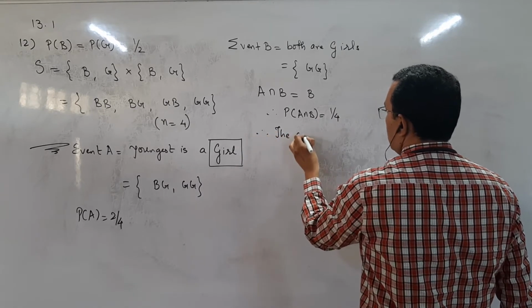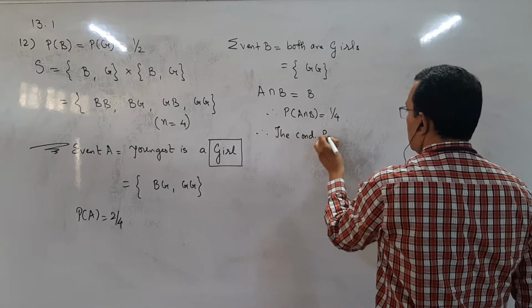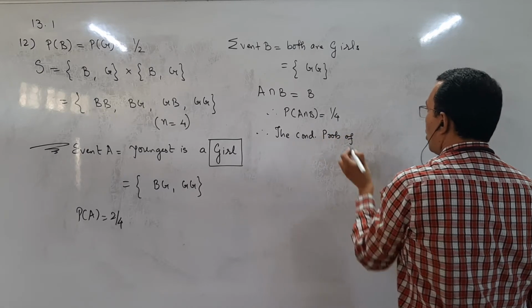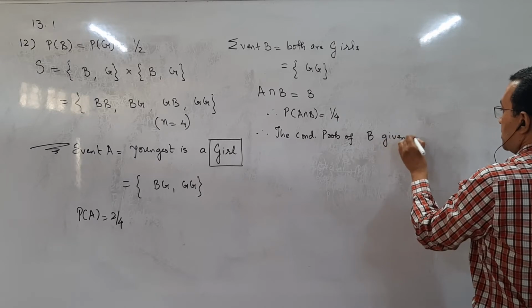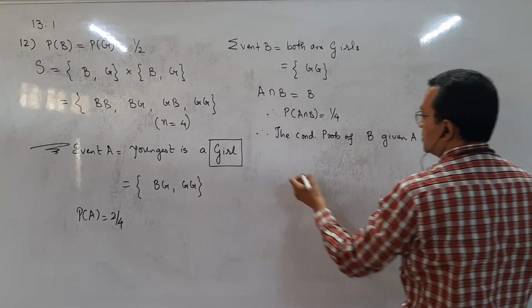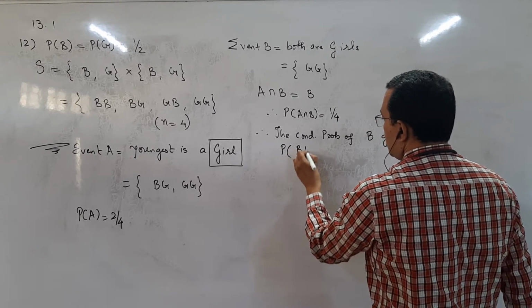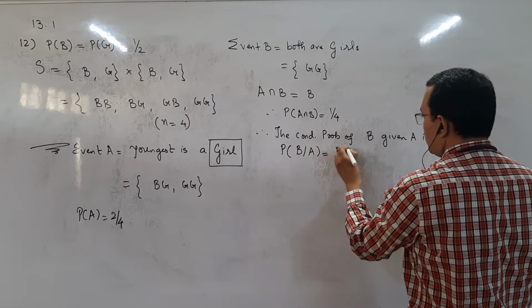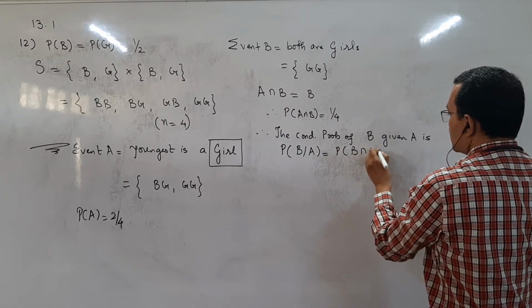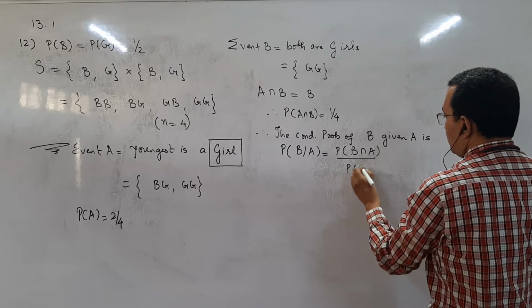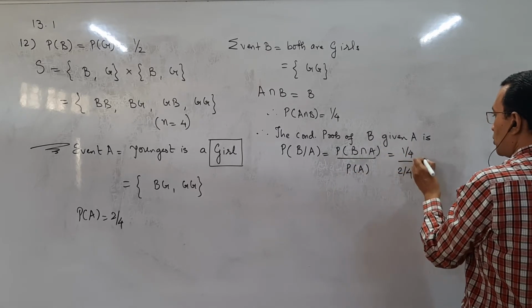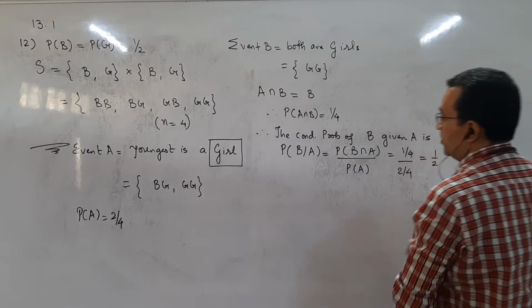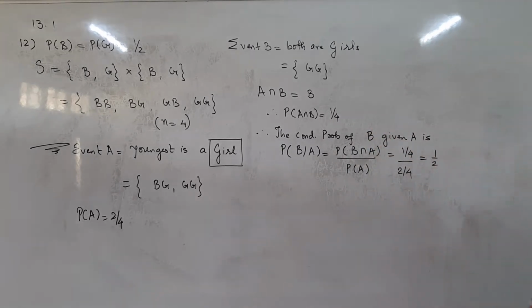Therefore, the conditional probability of B given A is P of B given A is equal to P of B intersection A upon P of A. So 1/4 upon 2/4. So this works out to be, students, 1/2.